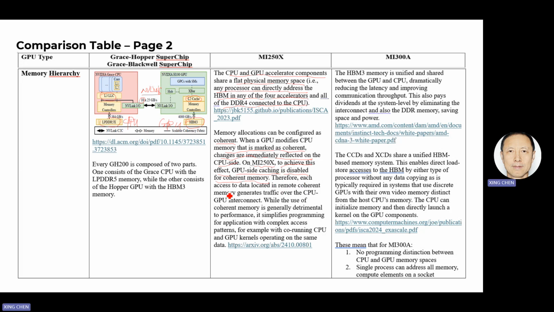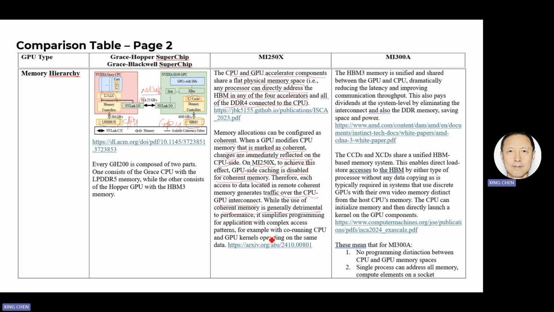So each access to data located in remote or coherent memory generates traffic over the CPU-GPU interconnect. This is the fact for the MI250. While the use of coherent memory is generally detrimental to performance, it simplifies programming for applications with complex access patterns.